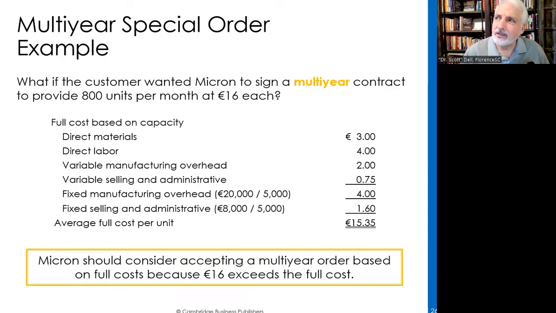I say, wait a minute, fixed costs? I know I don't do per unit fixed costs, do I? Well, in this case, we are, and we're going to assume, I hate assuming anything, but we're going to impute that the fixed costs will be treated like variable costs and come up with some factors associated with that. So here, even on a multi-year contract, we're still in good shape on where we're going.